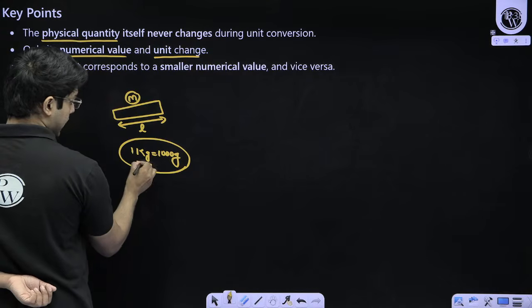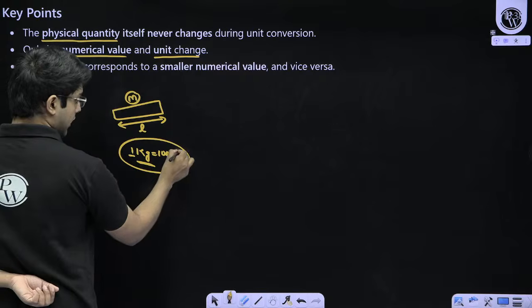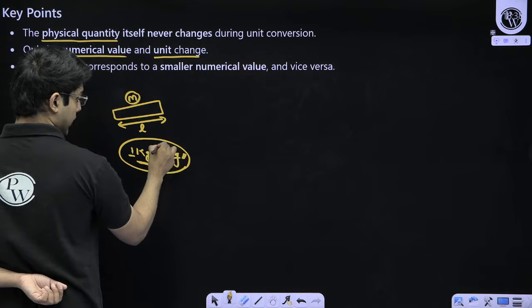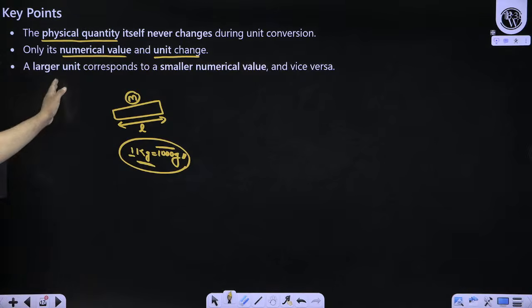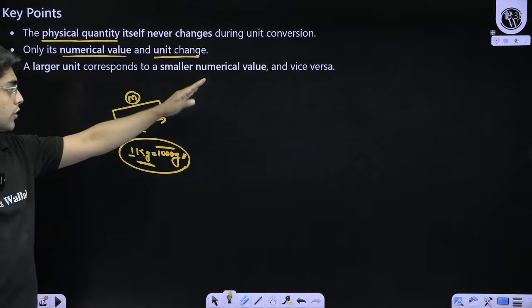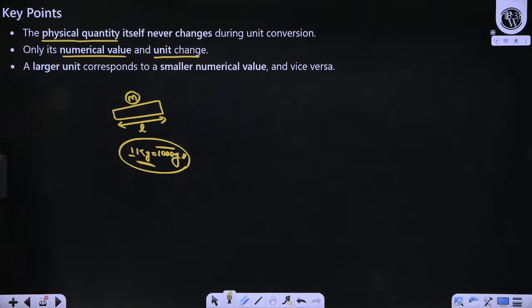Here kilogram is a very big unit, so the numerical value is small. Gram is a very tiny unit, that's why the numerical value is 1000. So a larger unit corresponds to a smaller numerical value. If you take a big unit, you need a small numerical value.